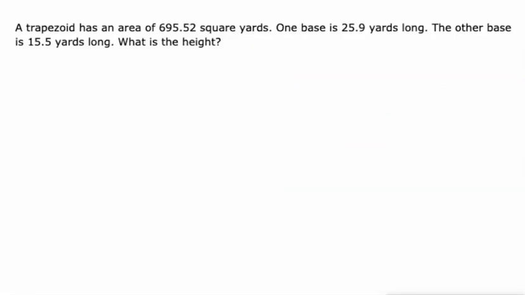All right, and this is my final example, and I wanted to do one more with a trapezoid. It seems to give people the most problems. Remember, area of a trapezoid, which has one pair of parallel lines, is 1/2 the sum of the bases times the height. In this case, we're given the area. It's an ugly decimal. We're given one of the bases, and we're given the other base.